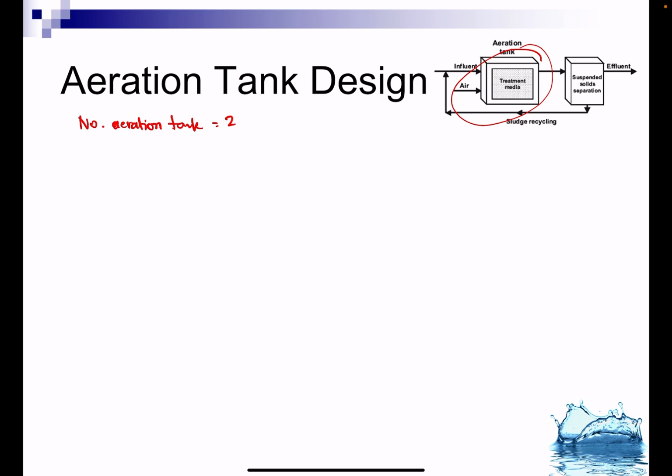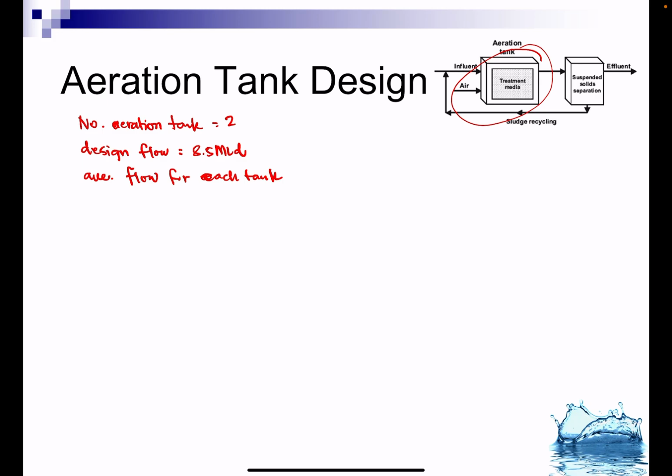If my design flow is pegged to 10 megaliters times 85%, so that's 8.5 megaliters per day, the average flow for each tank would just be the 8.5 MLD divided by 2.